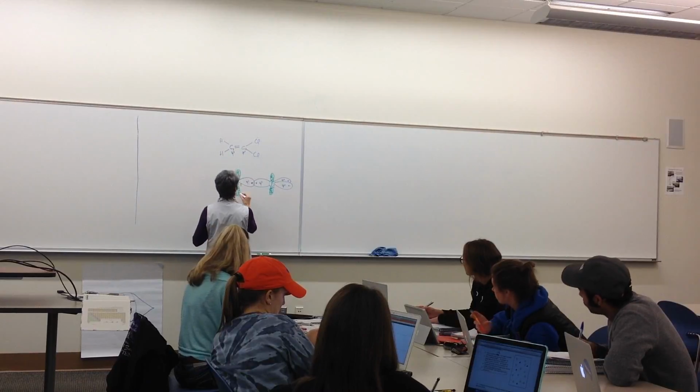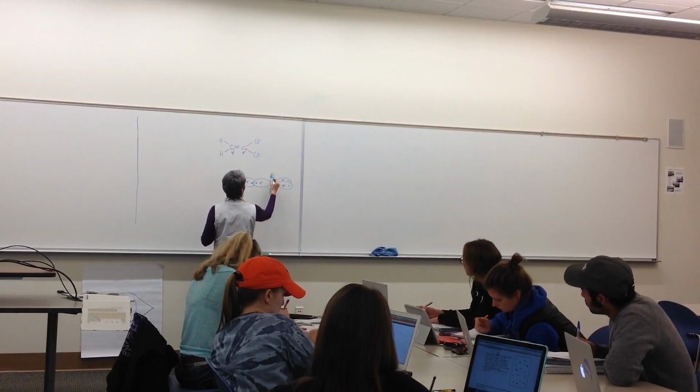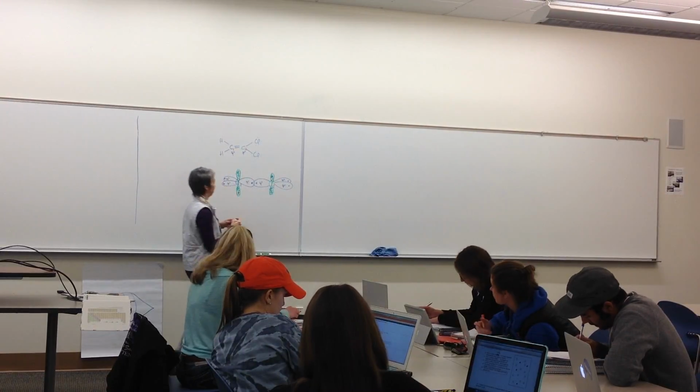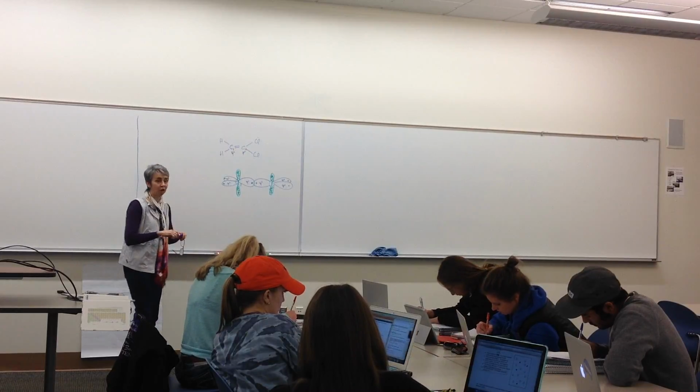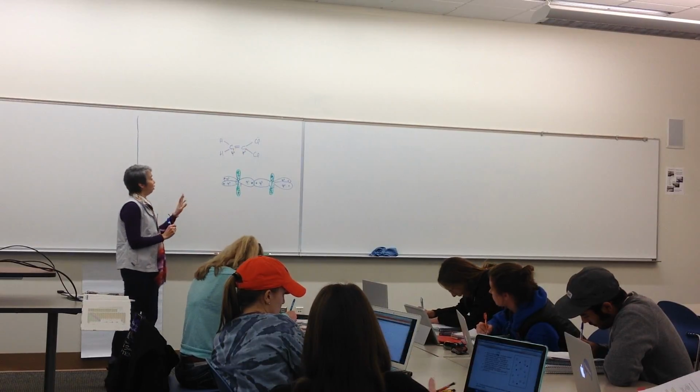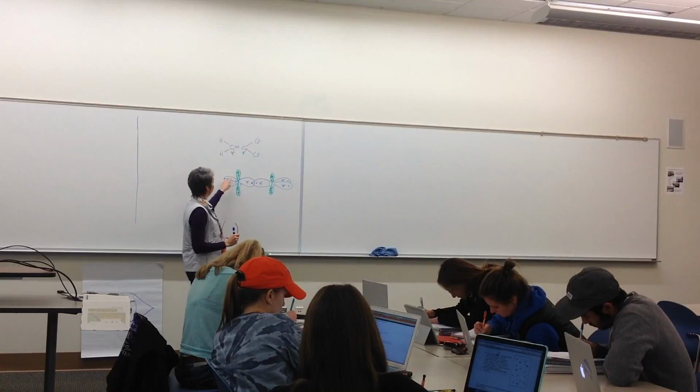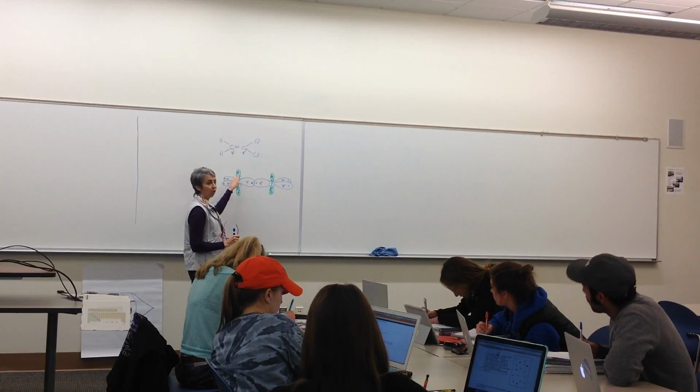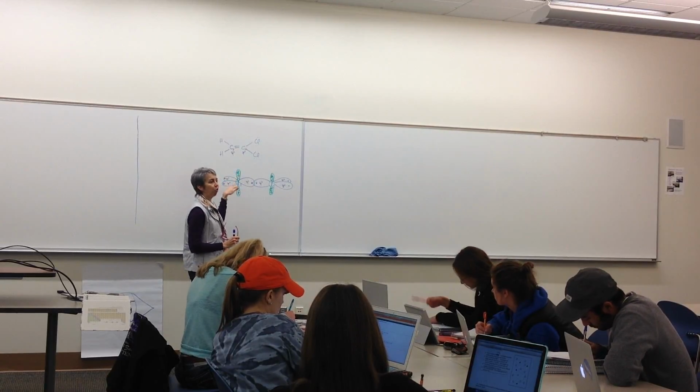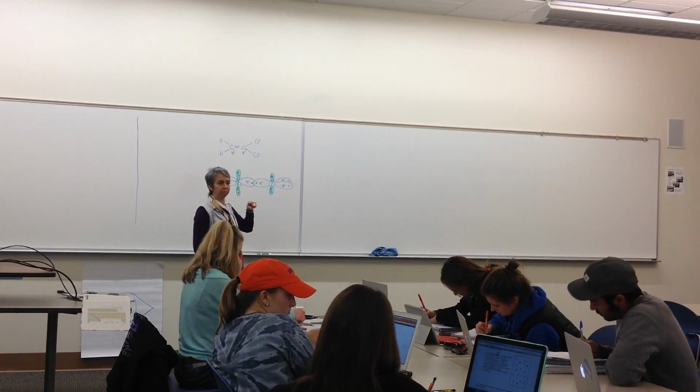Let's do that. Okay, so each carbon has 3 hybrid orbitals, 1, 2, 3, plus a p orbital, and each of those orbitals has a valence electron in it.